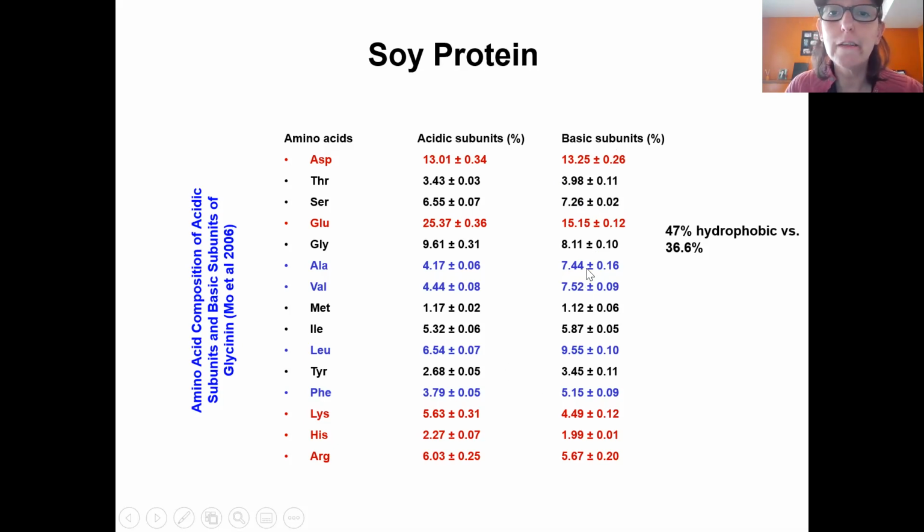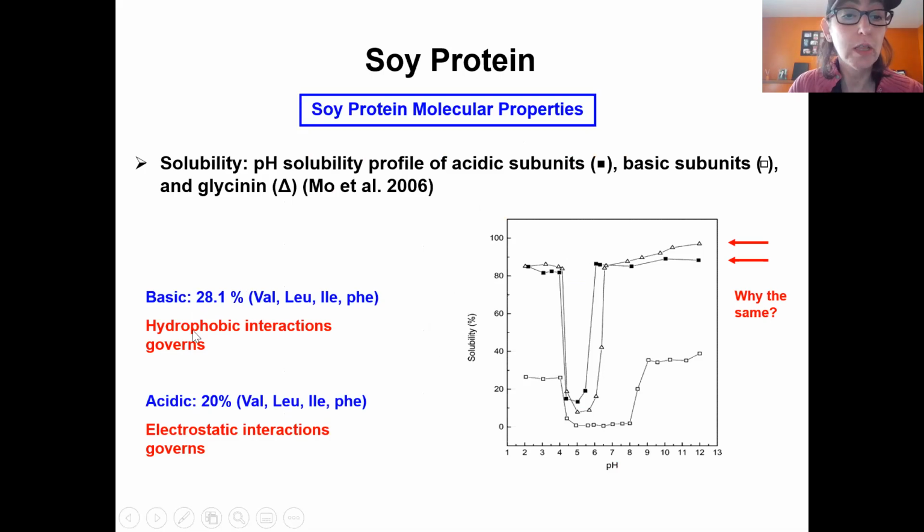But if we look at these four in particular, they are the main ones that are different. In the basic subunits, 28% of the amino acids are valine, leucine, isoleucine, and phenylalanine, whereas in the acidic it's 20%. So 28% is a very high concentration of these uniquely hydrophobic amino acids.